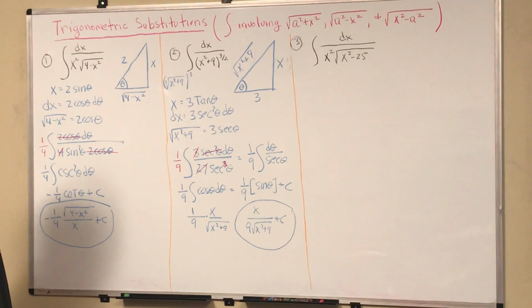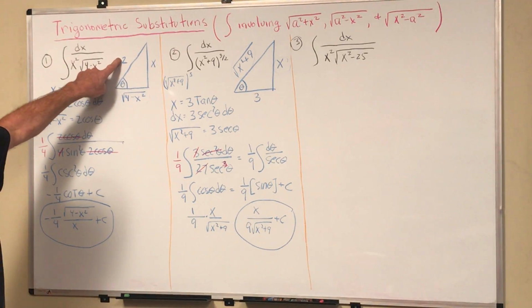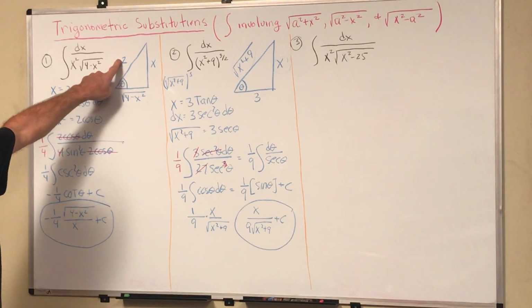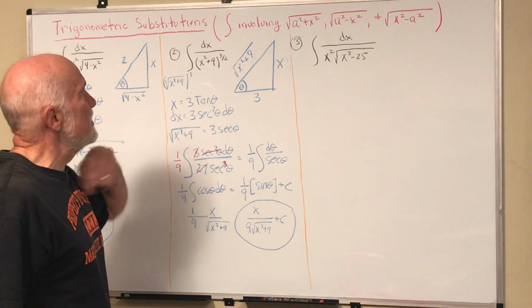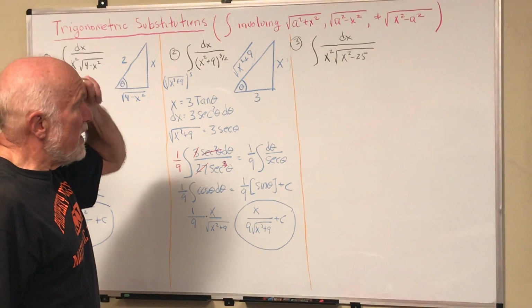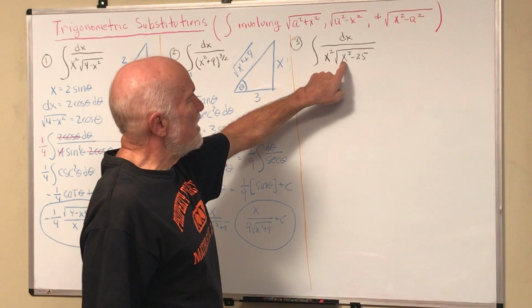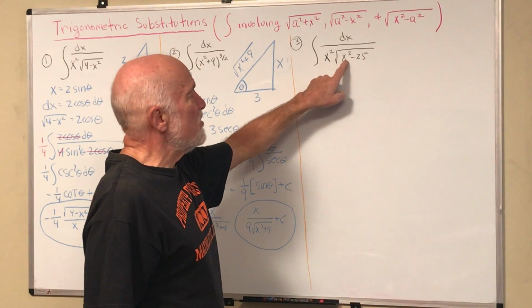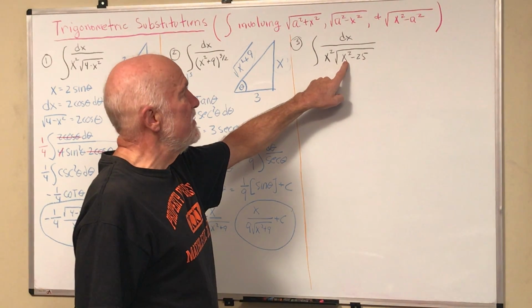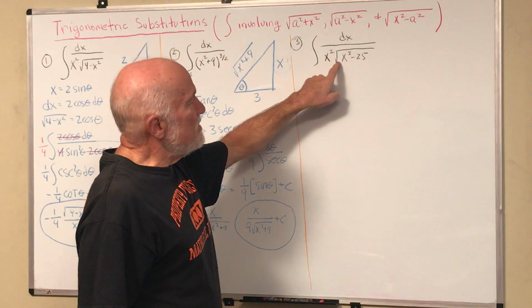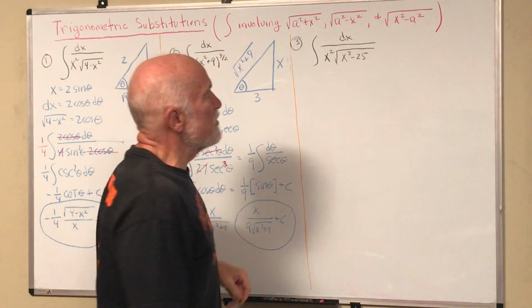Okay, so I did one that had the number on the hypotenuse, one where we had the square root. So maybe we'll do one where x is the biggest side, because you have x squared minus 25. So x has to be bigger than 5, and it's going to be bigger than this square root.